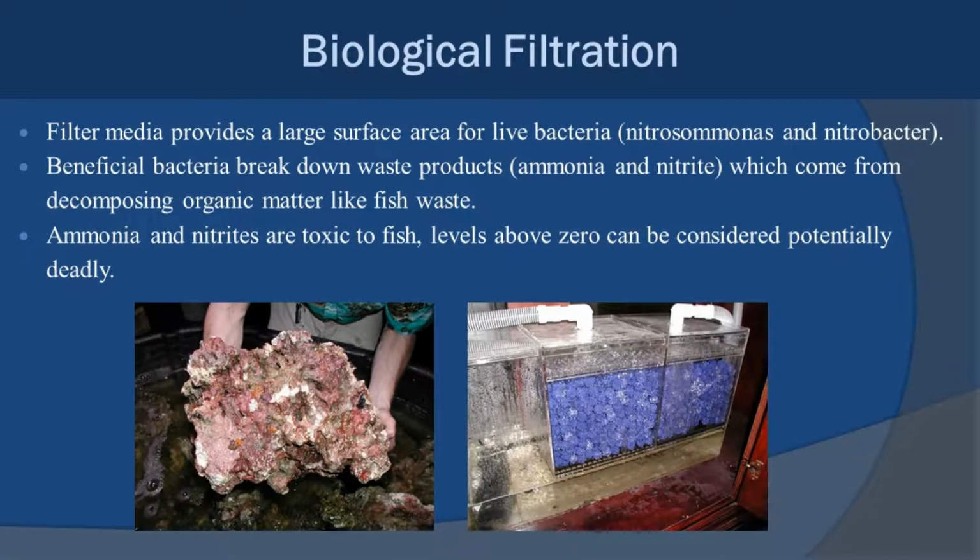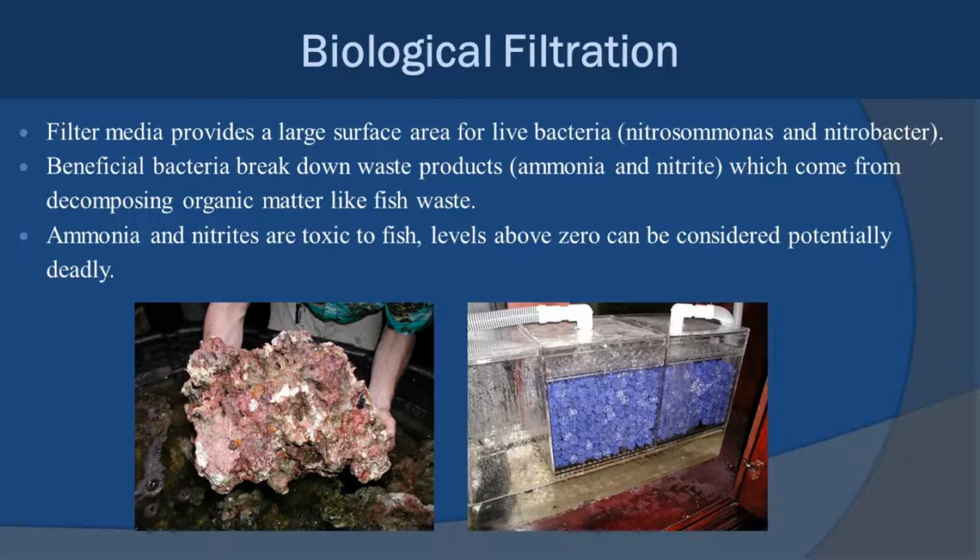Biological filtration is by far the most important type of filtration that we'll deal with, and it really happens in nature all the time. First of all, every surface in a tank and in the ocean is covered with bacteria. Now, you might think, oh, that sounds horrible, oh, nasty bacteria, but bacteria are really good. They make the world go round in a lot of ways, and in an aquarium, they're critical.